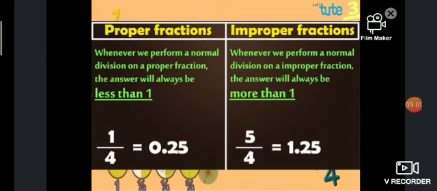Improper fractions: whenever we perform a normal division on an improper fraction, the answer will always be more than 1. That means 5 divided by 4, the answer will come 1.25.